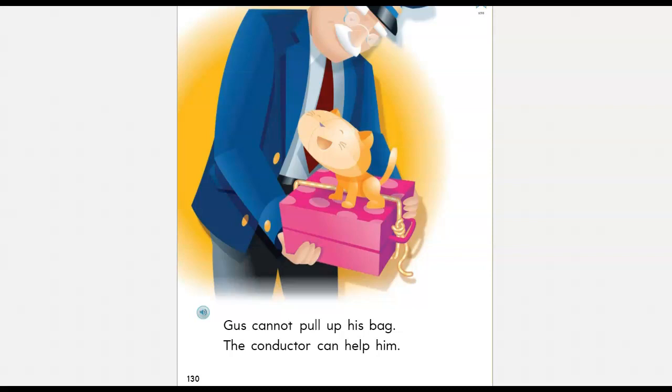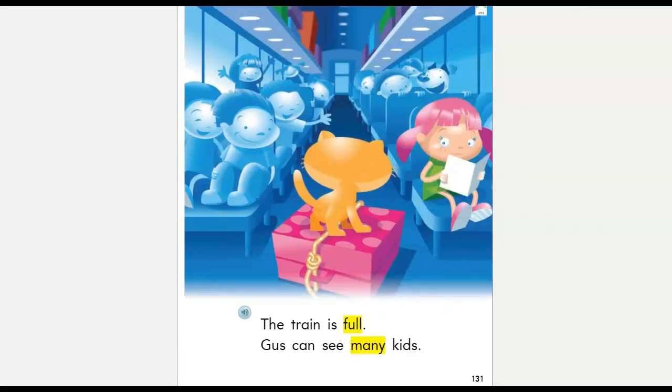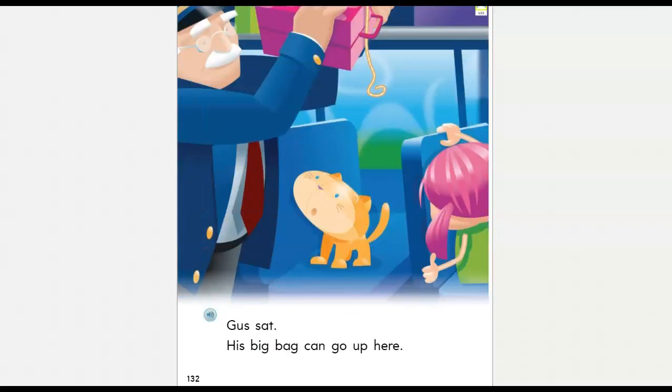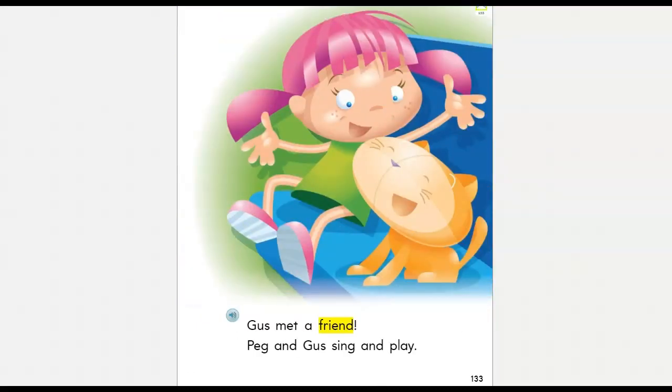Gus gets on the train and the conductor is helping him with his bag. Gus sees a lot of kids. Gus puts his bag away with the conductor. And then Gus meets his friend Peg.